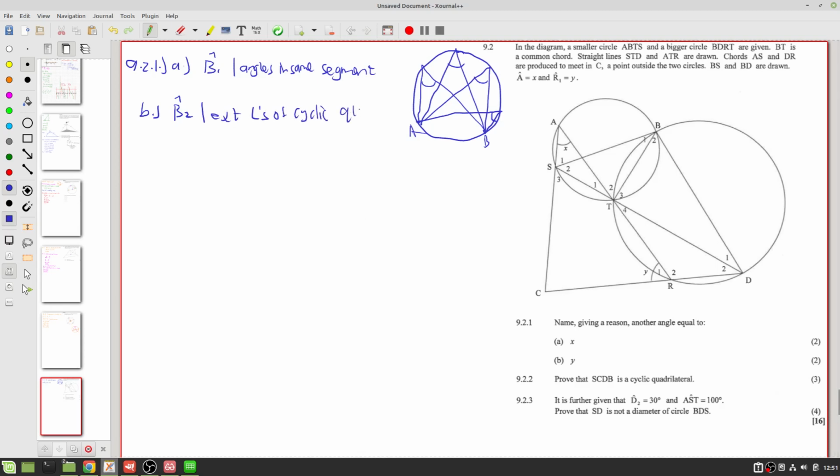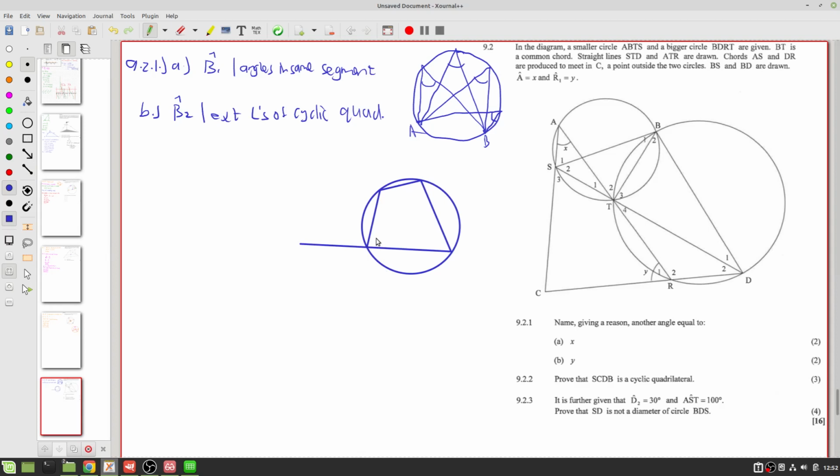I'm just going to write cyclic quadrilateral. Okay, so if we have a circle, and we draw some lines in it, so we draw a cyclic quadrilateral, something like that, and then let's just continue this line. Okay, what do we know about a cyclic quadrilateral? We know opposite angles sum to 180.